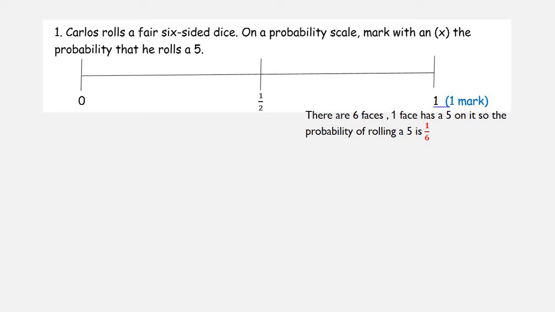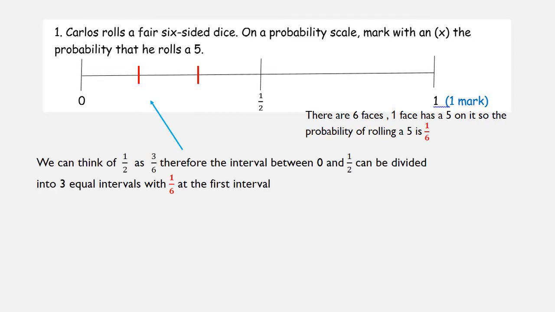So if you think of a half as being 3/6, we could split the first half of the scale into 3 equal intervals. And 1/6 would be at the first marker, the first interval. Okay, and if we went on, we'd have 3/6, 4/6, 5/6, and a whole is 6/6. So 1/6 should be about there.